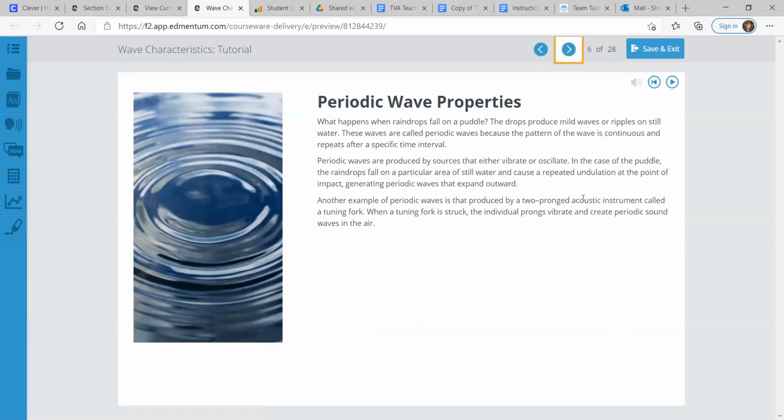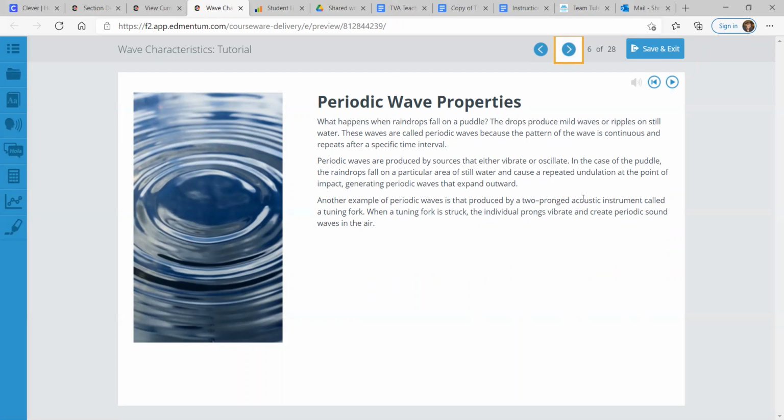So first, we are talking about periodic wave properties. What happens when raindrops fall on a puddle? The drops produce mild waves or ripples on still water. These waves are called periodic waves because the pattern of the wave is continuous and repeats after a specific time interval.